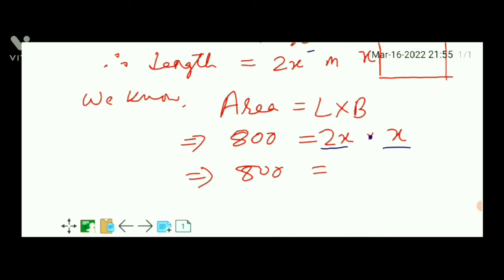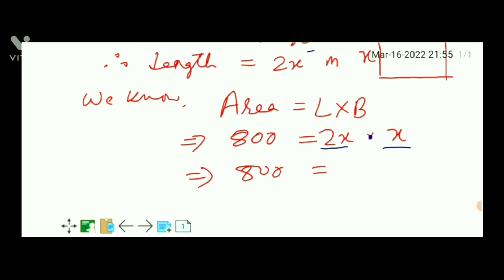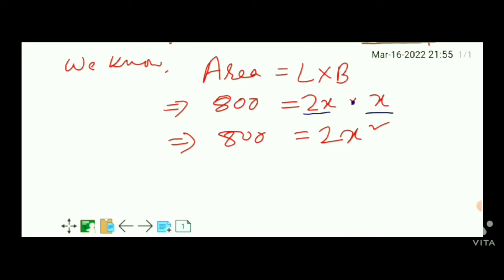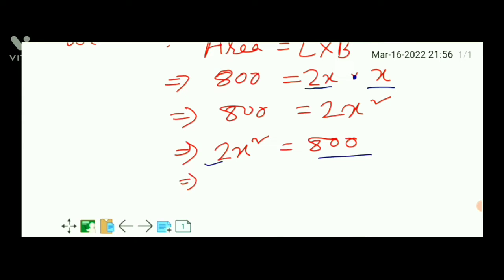So what will be the value? Here is 2, here is 1, 2 into 1 is 2, and x into x is x square. So we have found x square. So ultimately this is a quadratic equation. We can simply write twice x square is equal to 800. 800 is divisible by 2, so we can further simplify this.